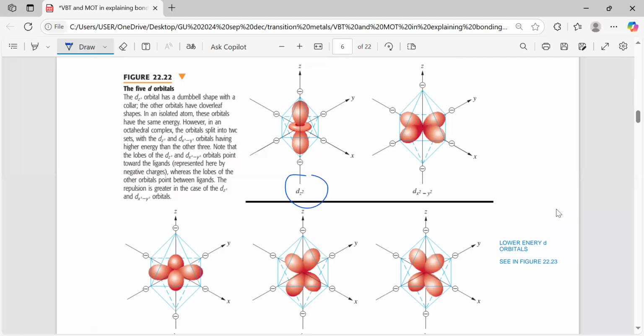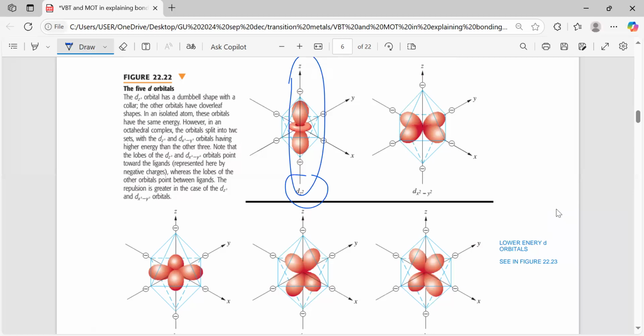It is oriented along the vertical axis, the z axis, and this is how it looks. Then we have another one, which is oriented directly along the x and y axes, and that is what it is.